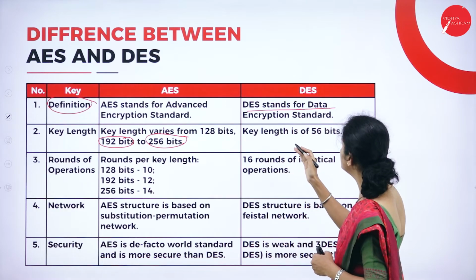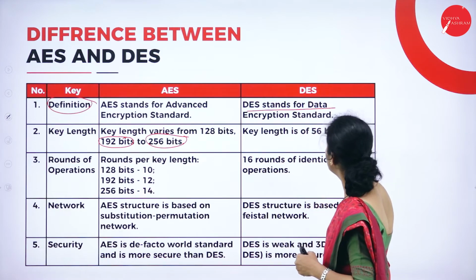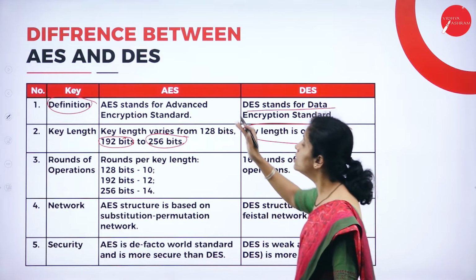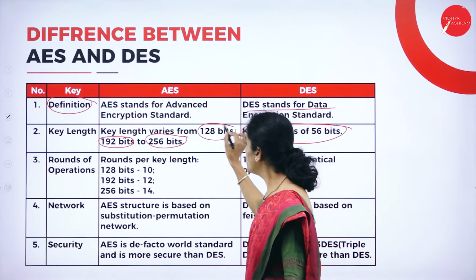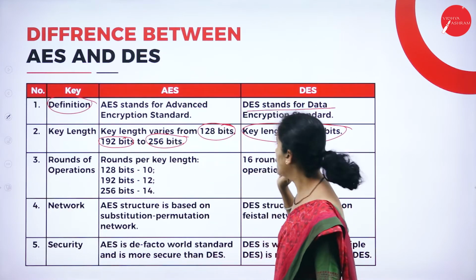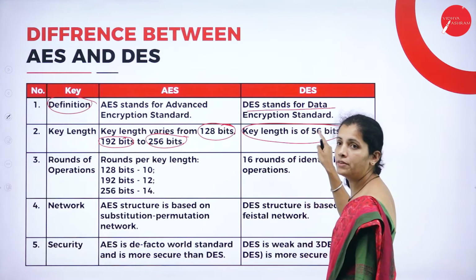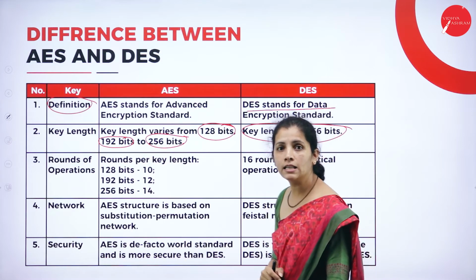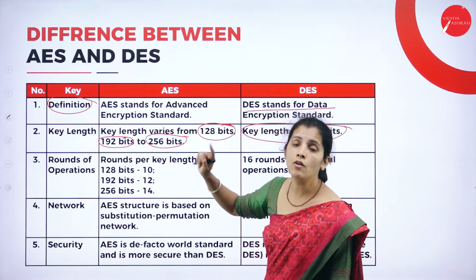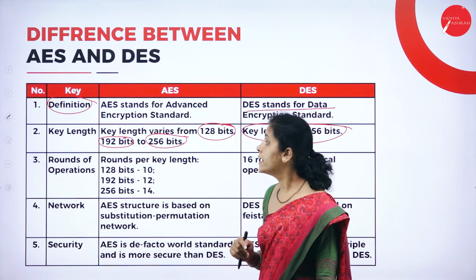And if I consider DES key length, it is 56 bits. So AES has 128 bits, 192 bits, 256 bits, and DES has 56 bits.